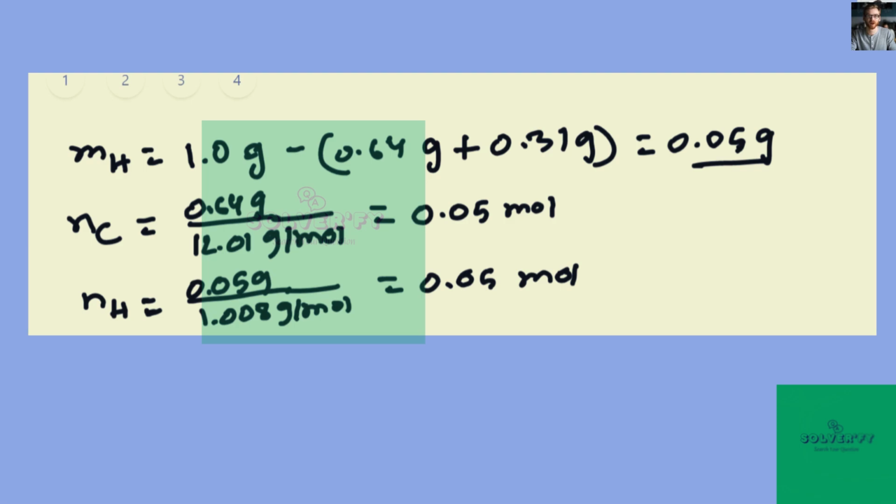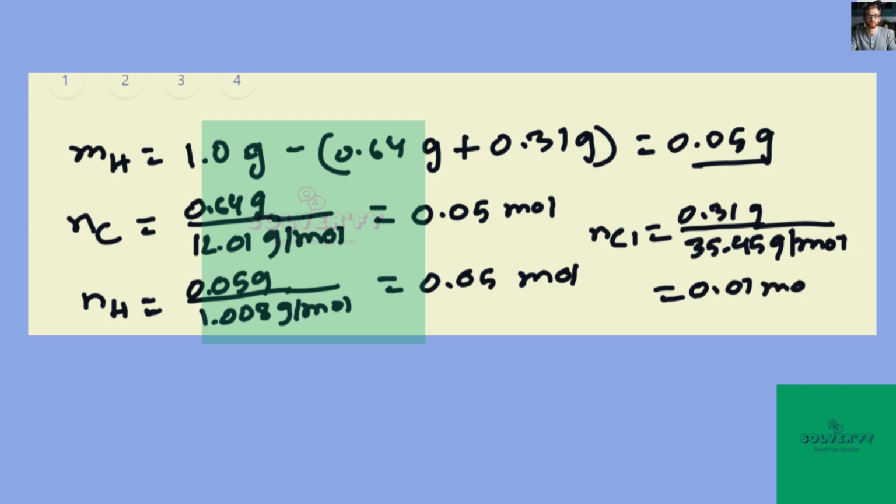And the number of moles of chlorine will be equal to the mass of chlorine in 1 gram, which is 0.31 gram, over the molar mass of chlorine, which is 35.45 gram per mole, and this will give us a value of 0.01 mole.